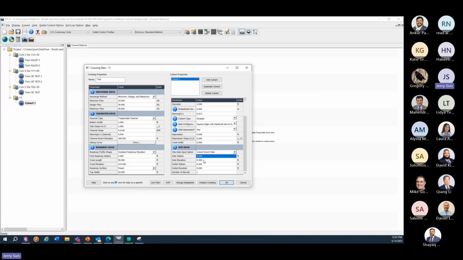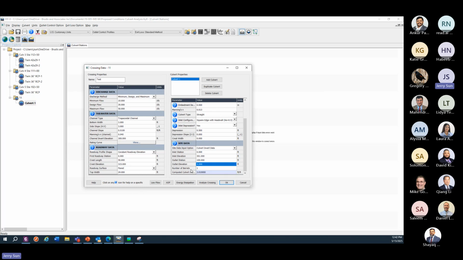So just to show how to input this, for the culvert itself, the inlet station is 0, inlet elevation, for example, 0.1. And for the outlet station, we assume the pipe length is 100, and the outlet elevation is the same, 300, and the number of barrels is 1.